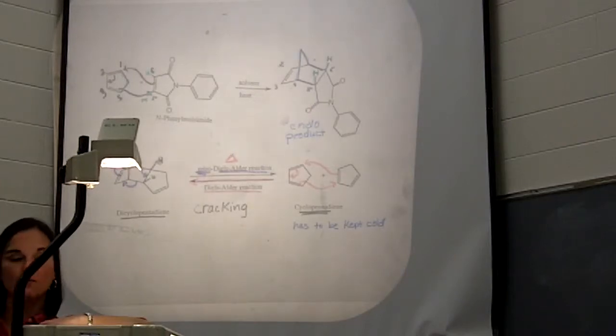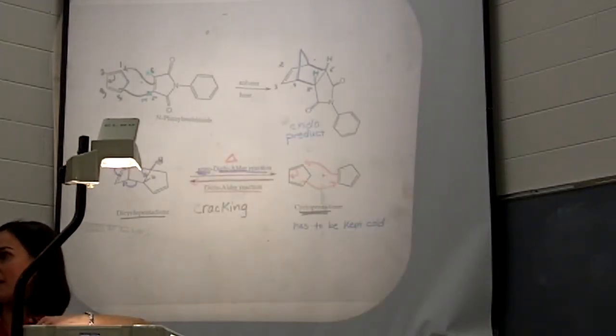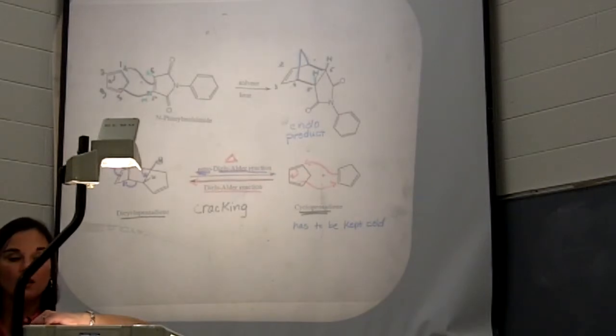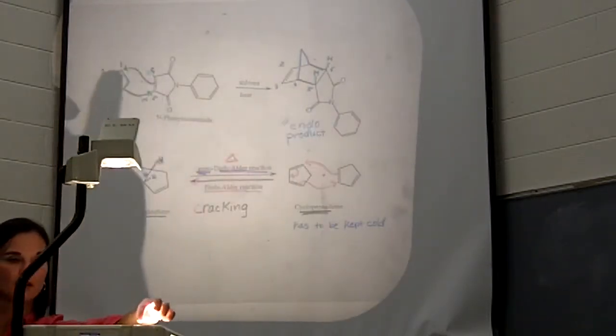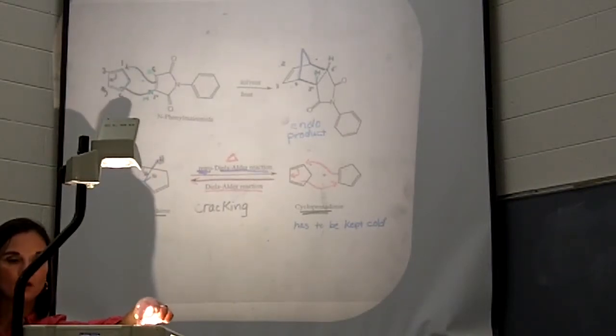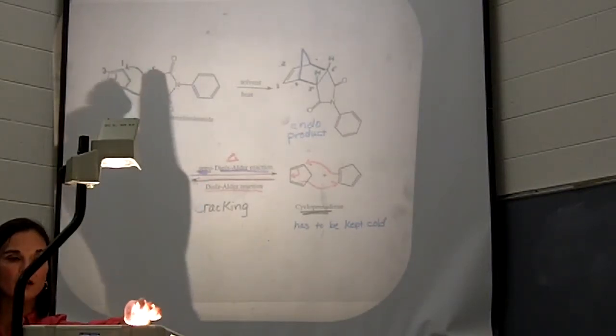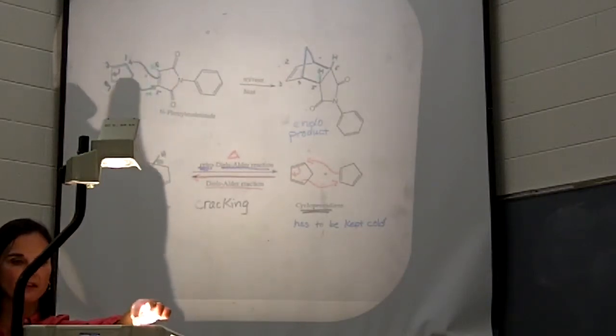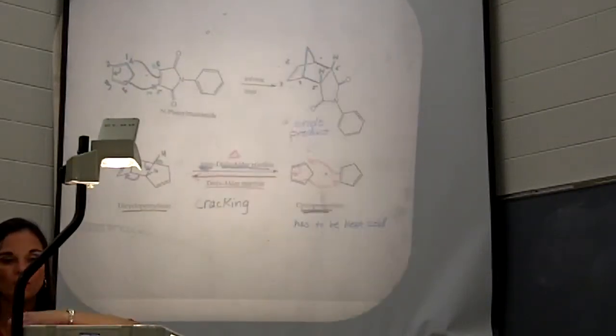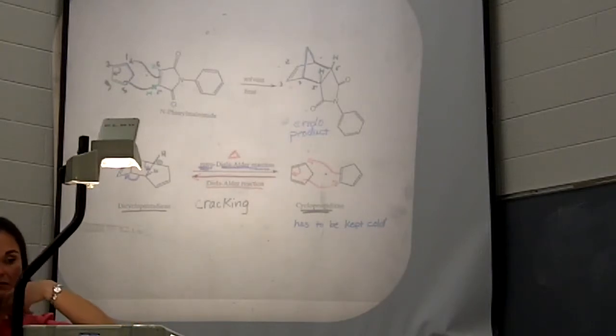It will just help speed up the reaction, but the reaction itself is actually pretty quick, even without heat. And again, you're going to get the endo product. So we've got our 1, 2, 3, 4 carbons of our diene, our 2 carbons of our dienophile. We've got this type of electron flow to form our endo product.